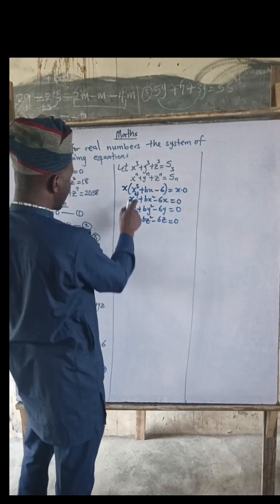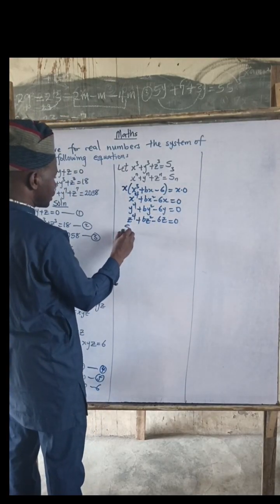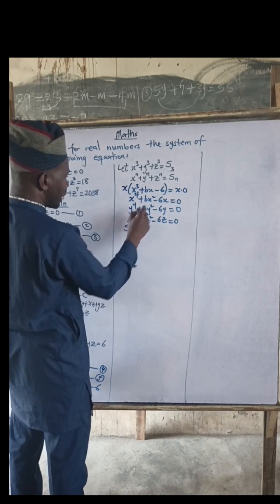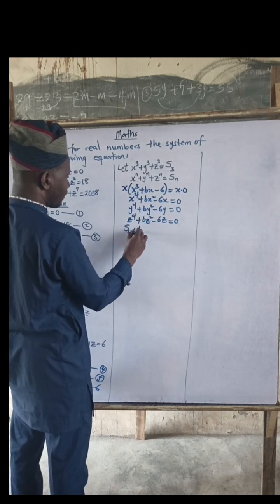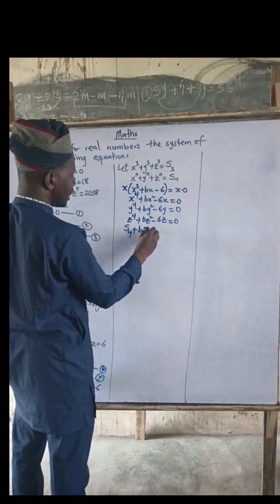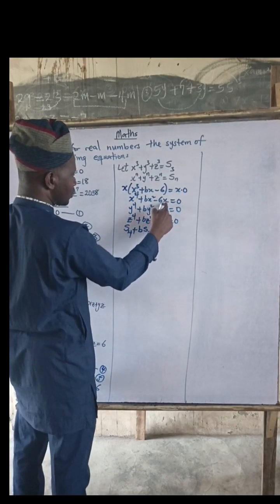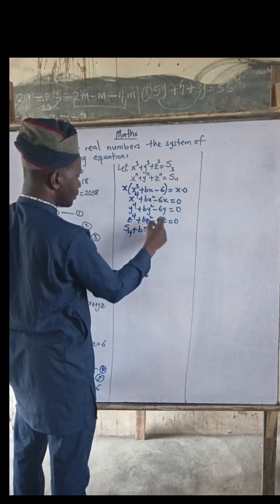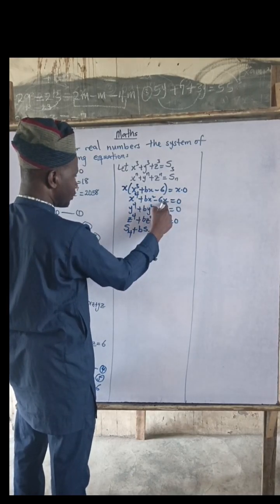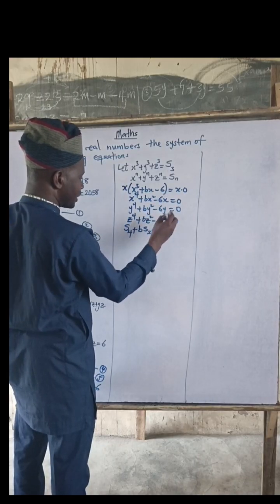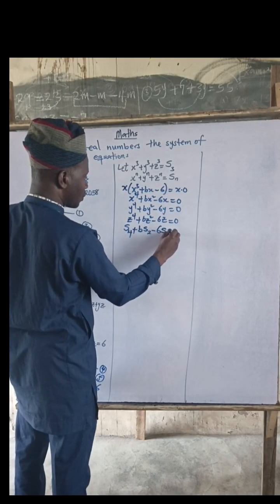Now adding this together will lead to S subscript 4 plus, b will be a common factor, with power of 2, that will be S subscript 2, then minus 6, because the power of the variable is 1, 6 will be a common factor, minus is common to all, then you are going to have S subscript 1 equals to 0.